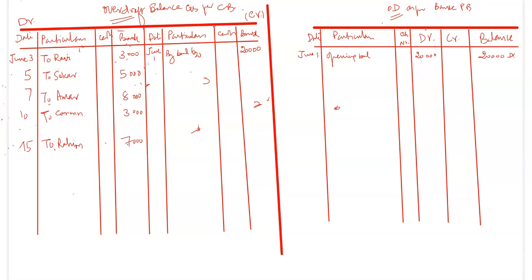And in between you are making payment. On 4th, you are paying for purchases 3,500. On 6th, by rent, you are paying some 4,500.